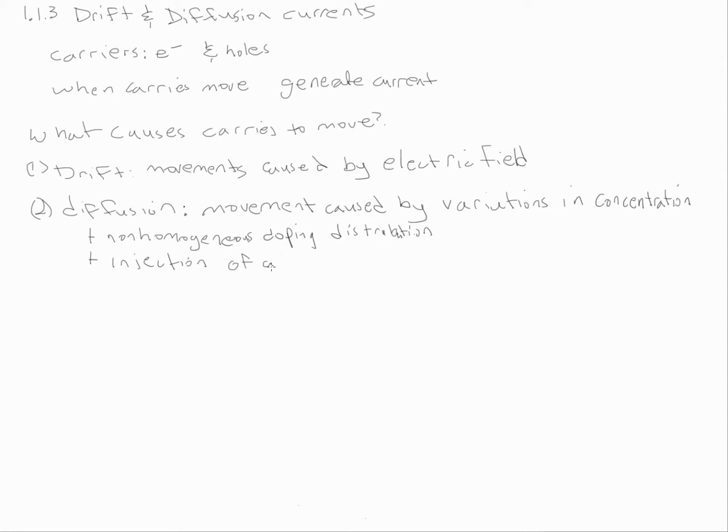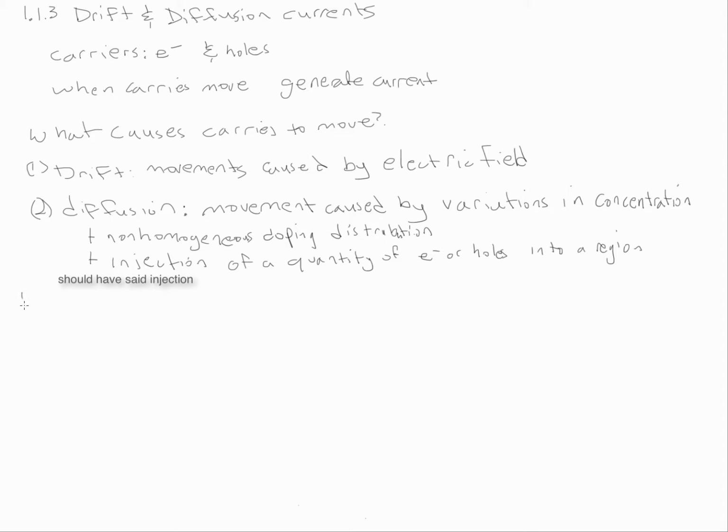And also another way you can get this concentration gradient is injection of a quantity of electrons or holes into a region. And we'll get back to both of these mechanisms in later parts of the book, so we won't really talk about more.